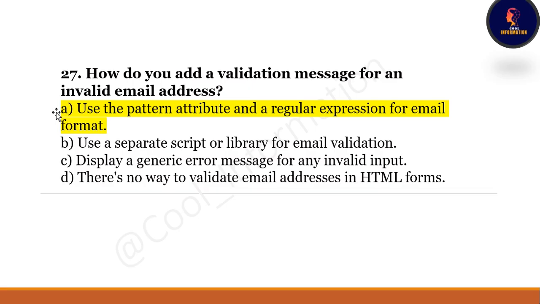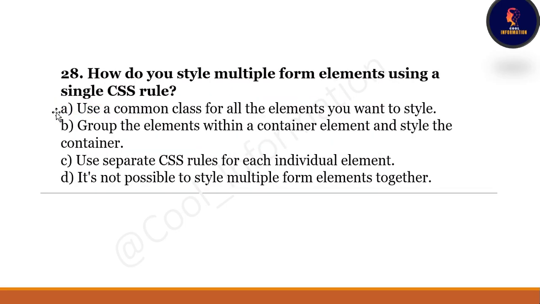Next question, how do you style multiple form elements using a single CSS rule? Option A is use a common class for all the elements you want to style. Option B, group the elements within a container element and style the container. Option C is use a separate CSS rule for each individual element.